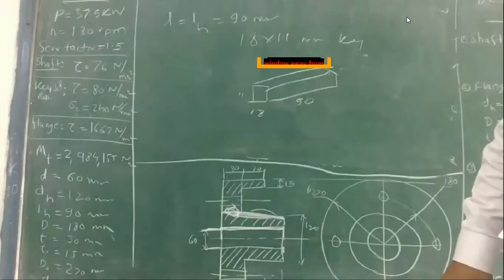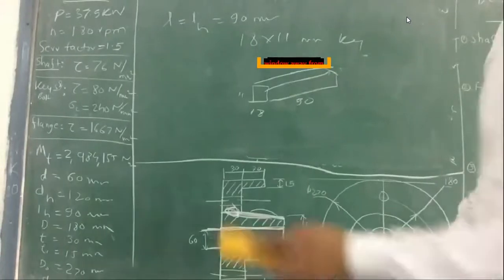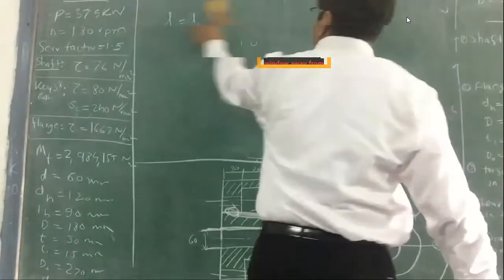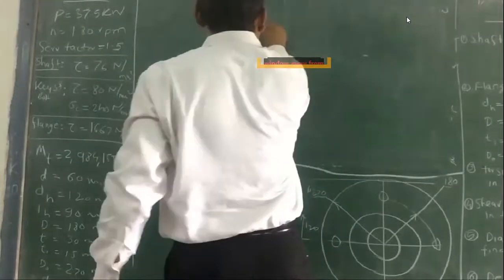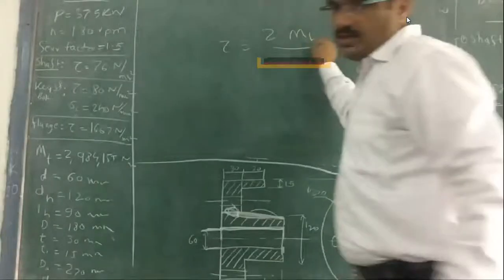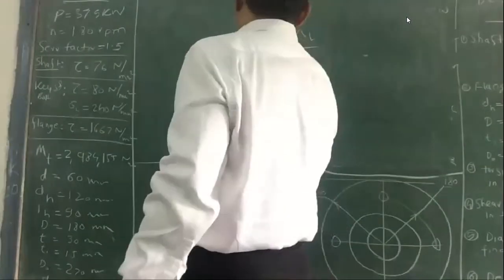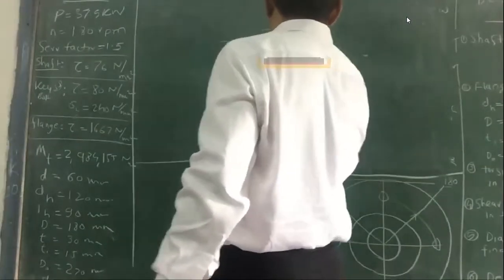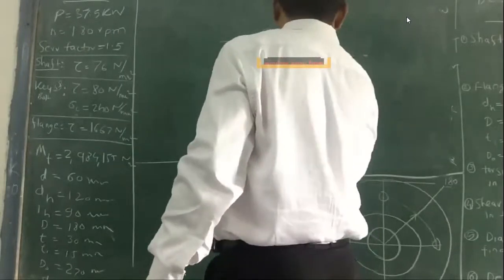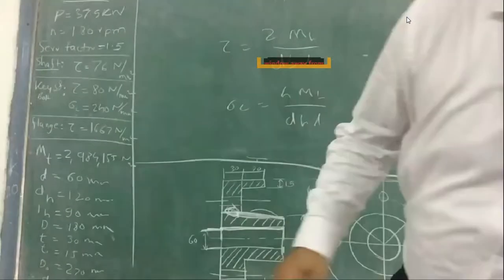And so we'll find out, simply, two equations. We have two equations for the key, right? We know that tau is equal to 2 Mt upon d b l, and sigma c is equal to 4 Mt upon d h l, right? Yes.